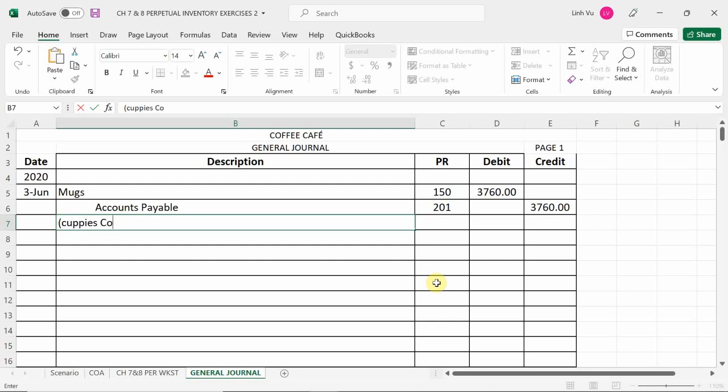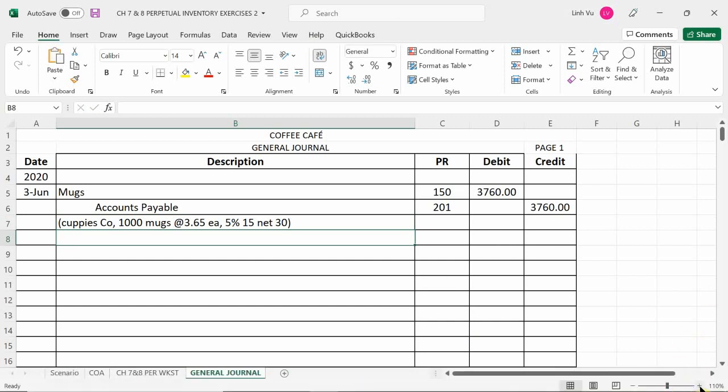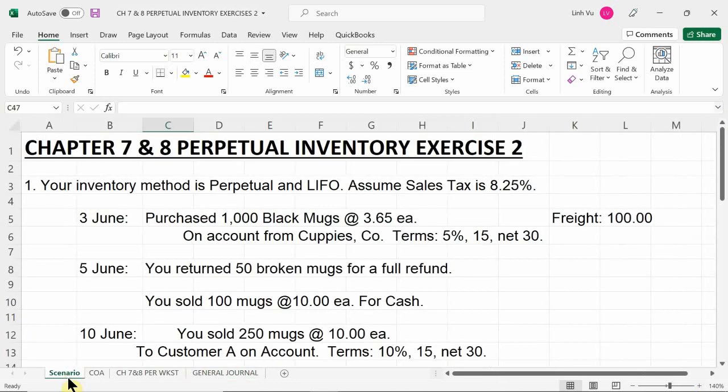So Cuppies Co. We bought 1,000 mugs at $3.65 each, on account, and they gave me terms of 5% if I pay within 15 days. If not, it's due in 30. Let's double check this. Yeah, Cuppies Co., terms 5%, 15, net 30.